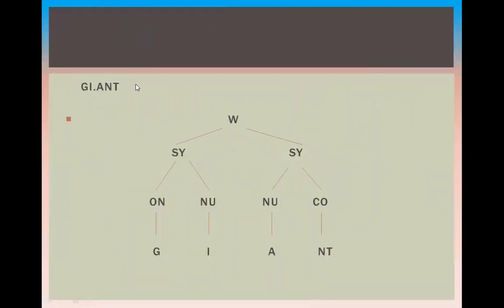And when we elaborate giant, G is a consonant, so it is the onset, and I and A are vowels, so they are the nucleus, and N and T are consonants, so they are the coda.